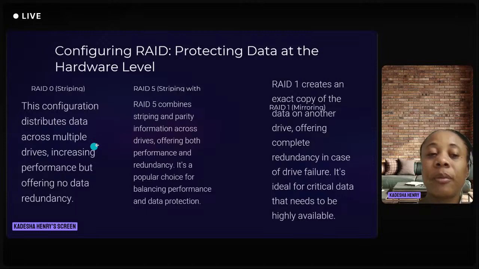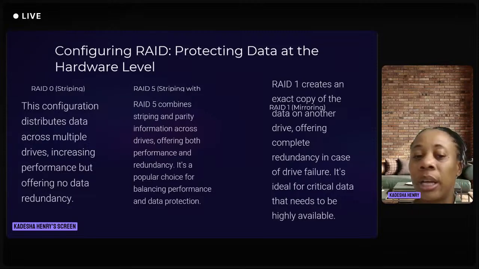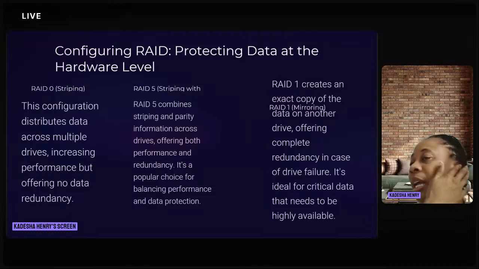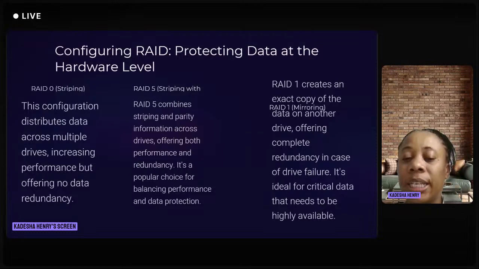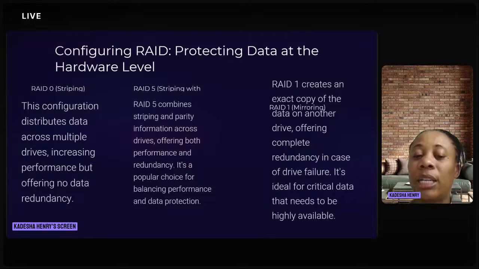The configuration distributes data across multiple drives, increasing performance but offering no data redundancy. That is RAID 0, and we're going to look at more as we go along. RAID 5 combines striping and parity information across drives, and it offers both performance and redundancy. It is a popular choice for balancing performance and data protection.